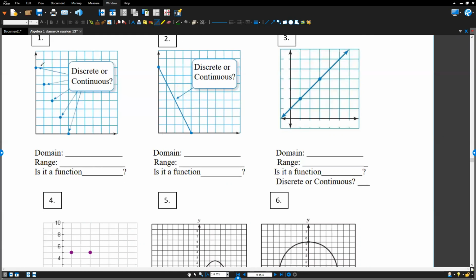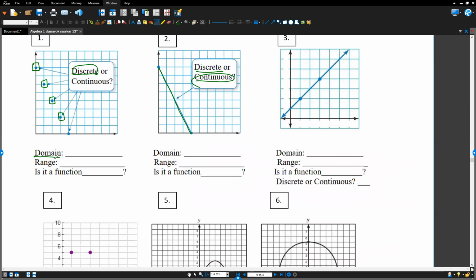Discrete is already expressed in the points. This is continuous, not points. This one is what? Discrete. This is continuous. This is also what? Continuous, the line.